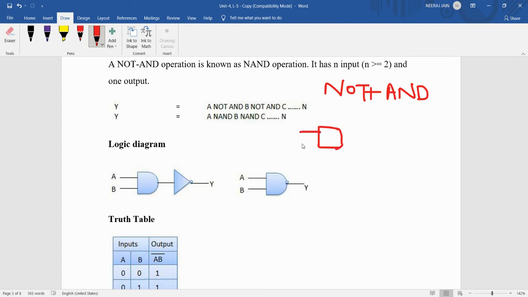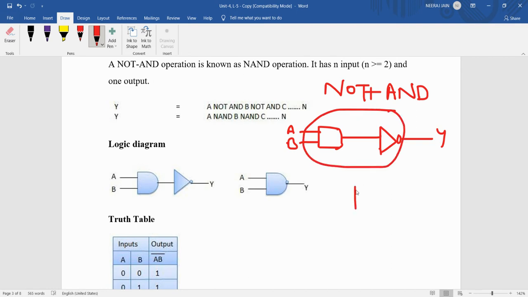This is the AND gate, A and B. We are getting the output, and that goes to the NOT gate, and here we are getting Y as the output. So in this manner we have seen it, and symbolically we can represent it like this.